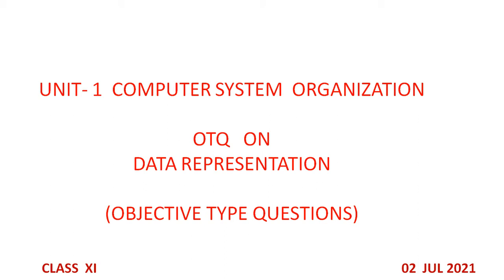or true or false. So let me revise what exactly data representation was and what contents we have studied in this unit: how data is represented for the purpose of storage, for the purpose of processing, etc. In this chapter we dealt with number systems, that is binary, decimal, octal and hexadecimal.